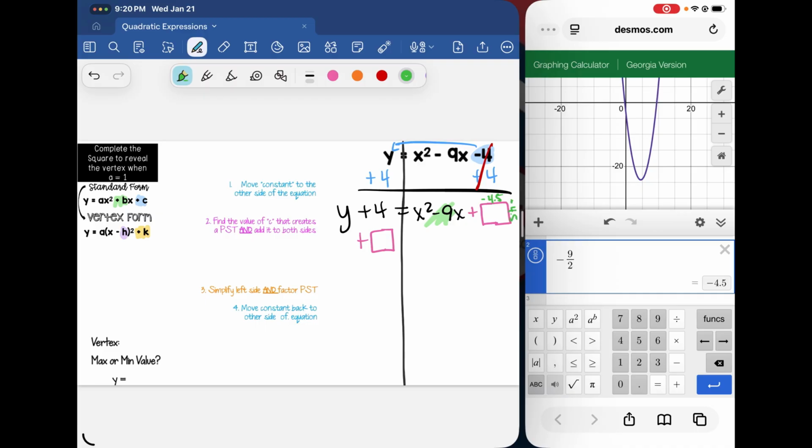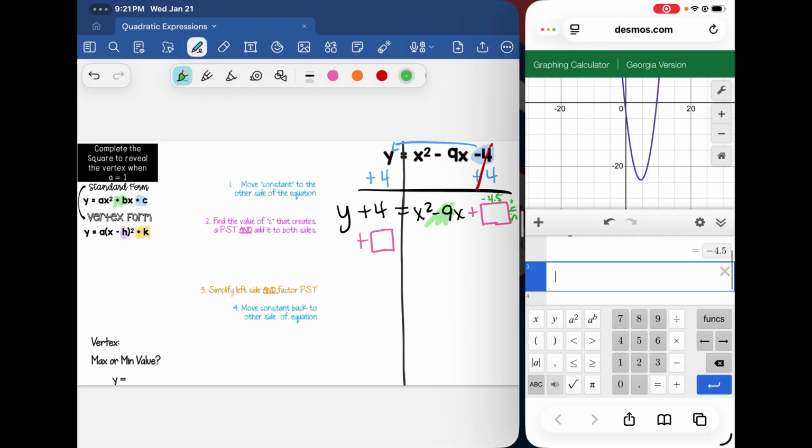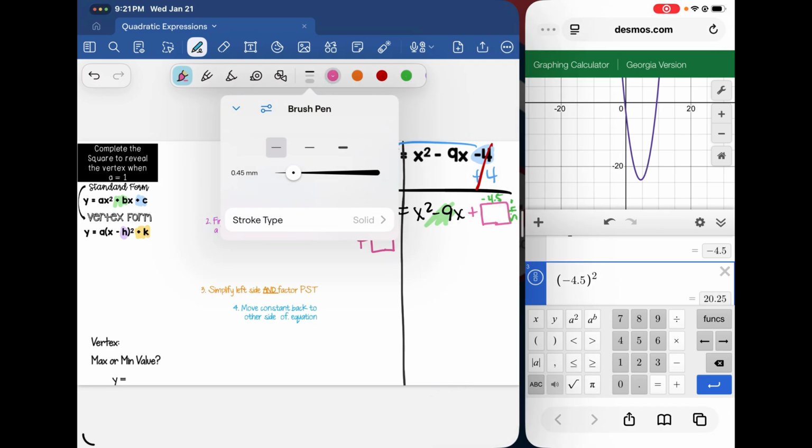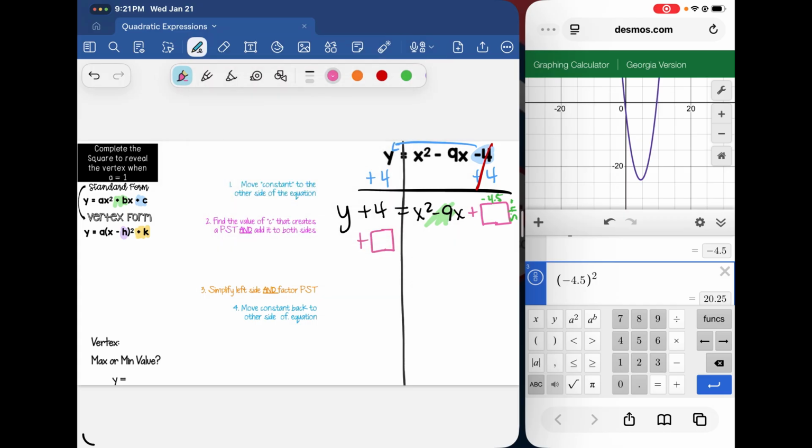All right. And I need to figure out the value that's going to go in the box, which will be negative 4.5 squared, which will give me 20.25. And whatever I add to one side, I add to the other side.